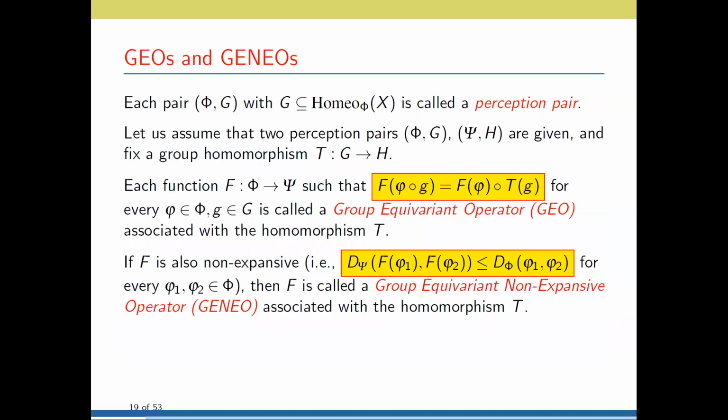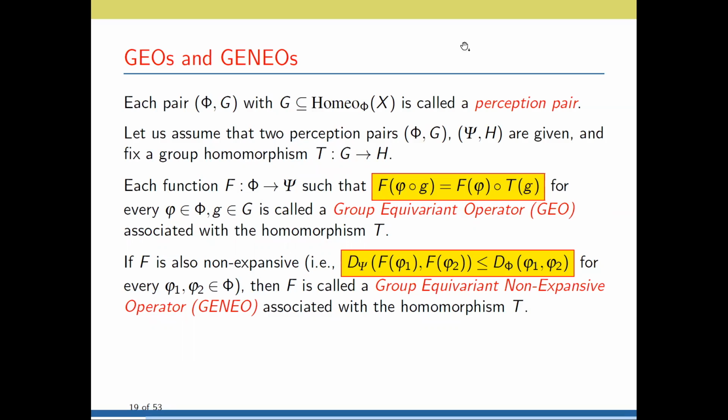Okay, now I can formally introduce the concept of group equivariant operators and group equivariant non-expansive operators, GEOs and GENEOs. So we have perception pairs. I recall that each pair phi G, with G a subgroup of the group of any possible phi preserving homeomorphisms of a domain X, is called a perception pair.